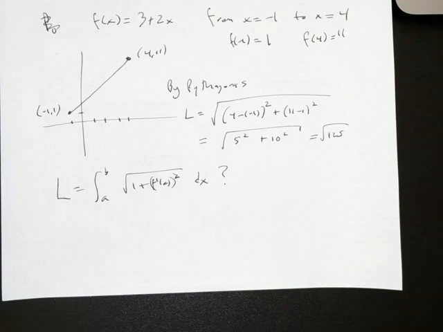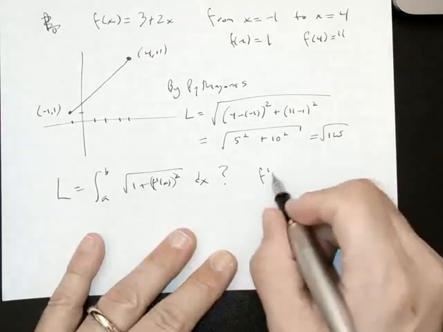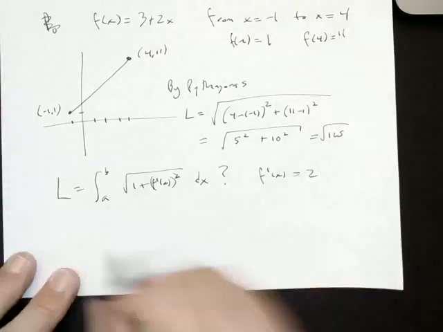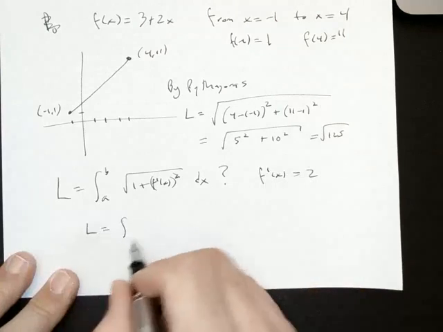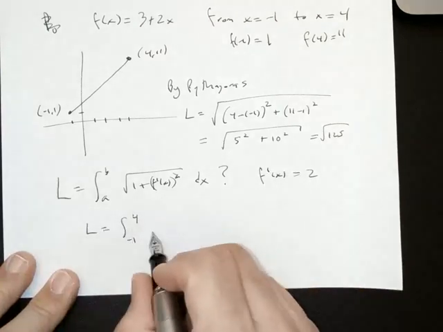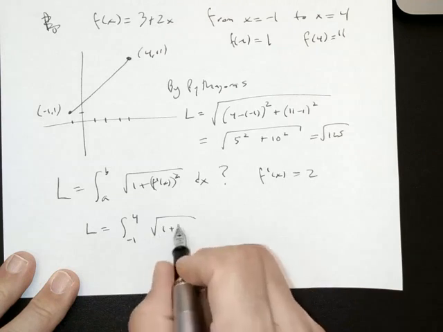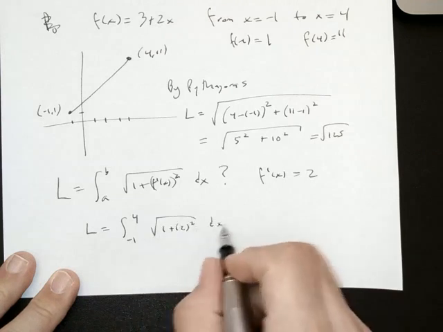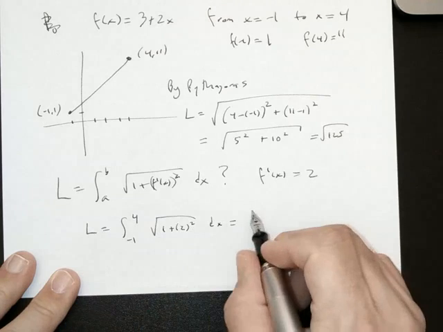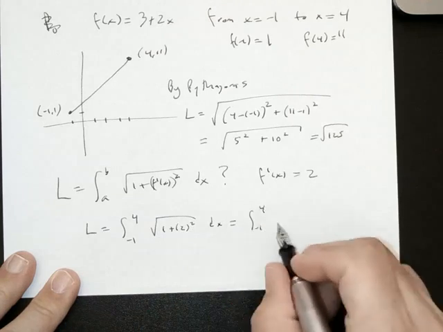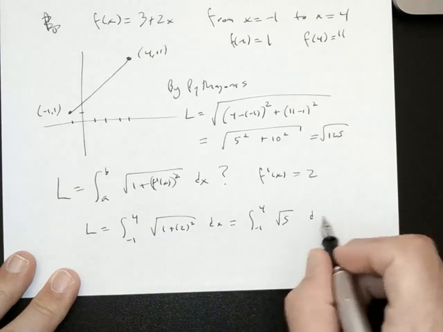Advantage number one, f prime is really simple, isn't it? Derivative of 3 plus 2x is 2. So I'm integrating from -1 to 4, the square root of 1 plus 2 squared dx. That's the integral from -1 to 4 of the square root of 5.